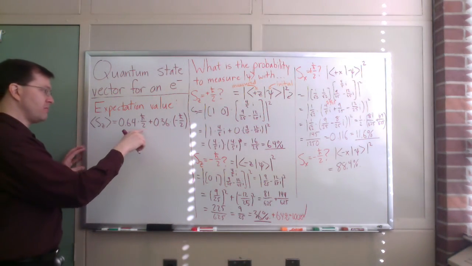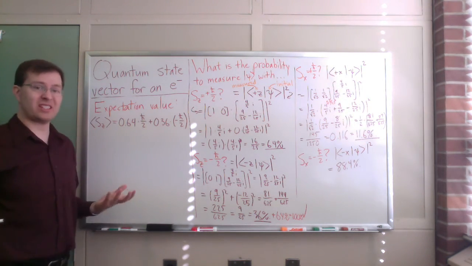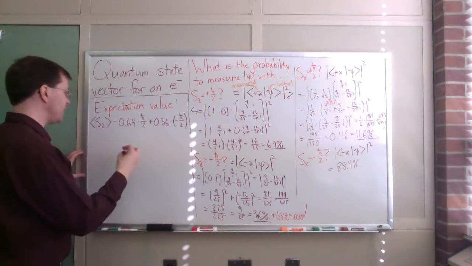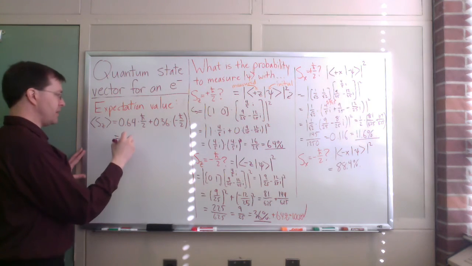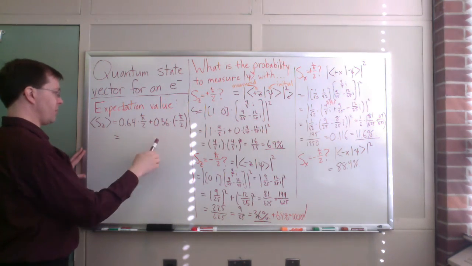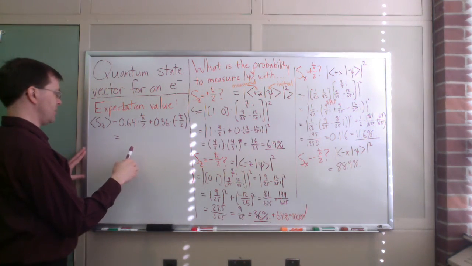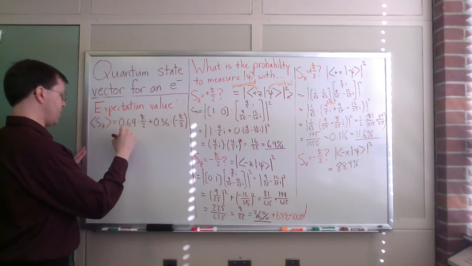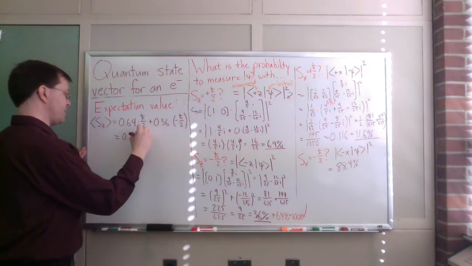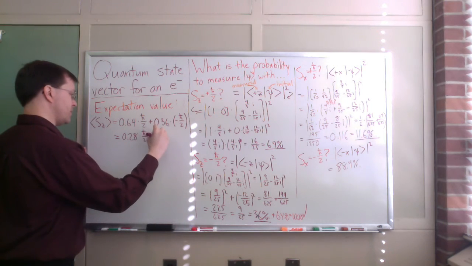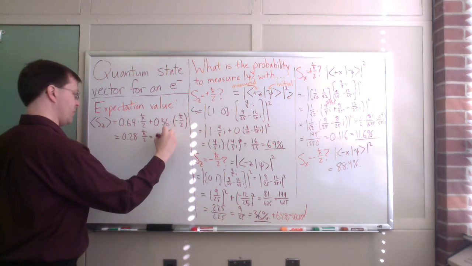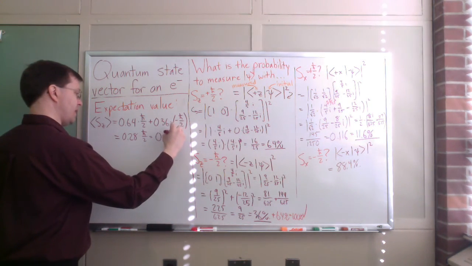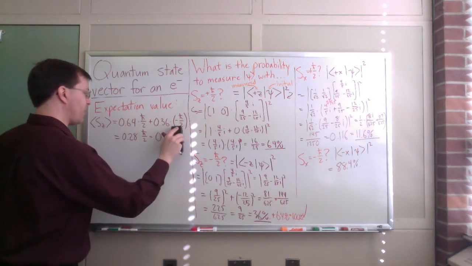The probability of this outcome is added to the probability of that outcome. That's averages in probability, and that comes out to be, let's see, 64 minus 36, that would be 28, 0.28 times h bar over 2, or 0.14 h bar.